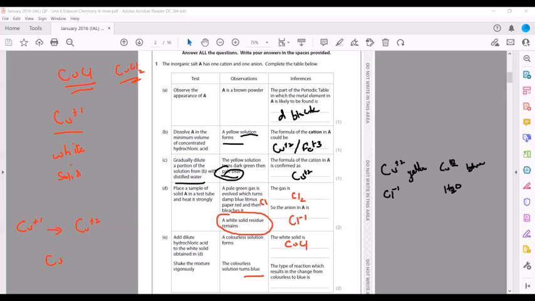So what type of reaction caused this color change? That is oxidation. Due to oxidation, the copper +1 changed to copper 2, and then the complex changed by ligand exchange. But the main color change is due to the change in oxidation number. That's why we say the reaction is oxidation.